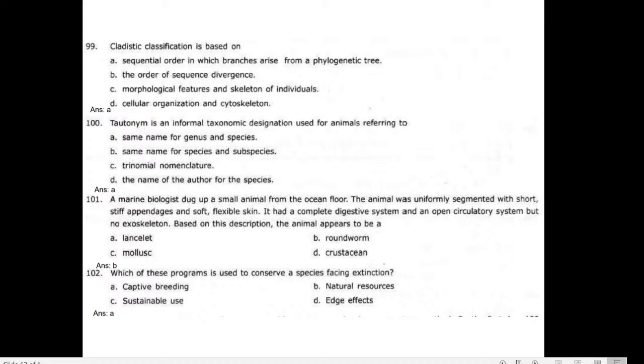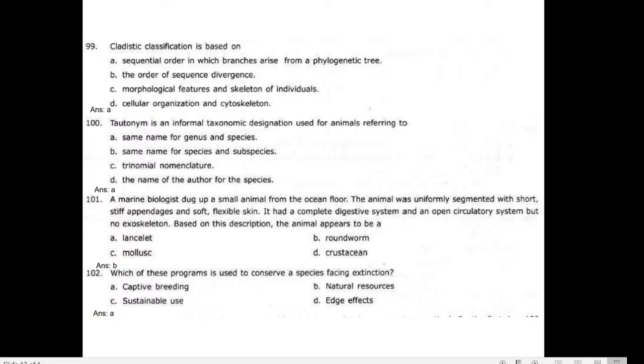Some biology and zoology students may have studied this concept, but engineering or botany students are not aware of it. Many questions have been asked about this concept in the past few years.